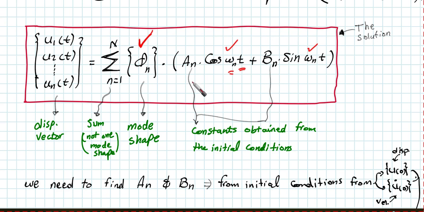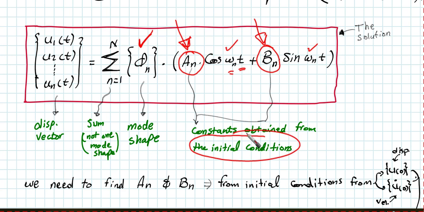What is always going to be an obstacle for us is exactly the constants, an and bn. This means that we need to dive into the initial conditions and find how we can represent them through an and bn. This is our main problem from now on.